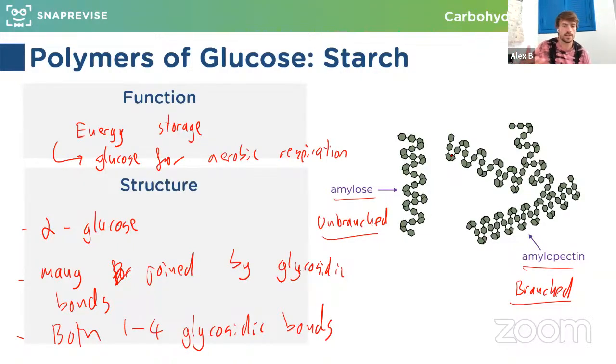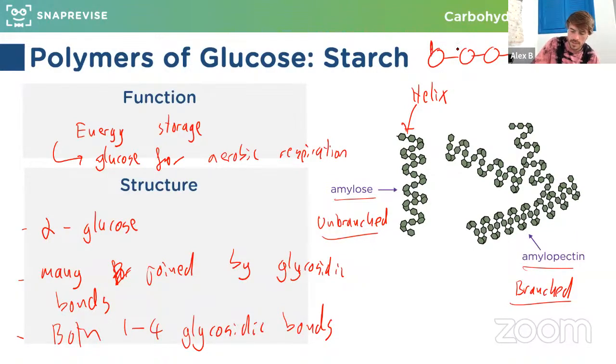So when you have a chain of these, a chain of the 1,4s, they're slightly curved. So what you tend to find is you get this helical structure. The reason for that is to do with the carbon 6 element.